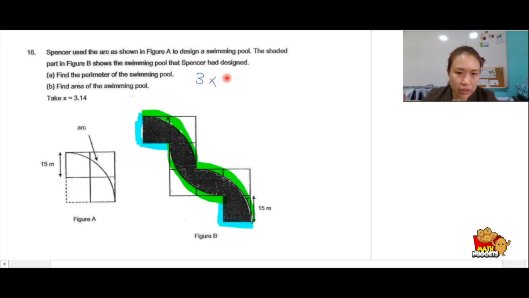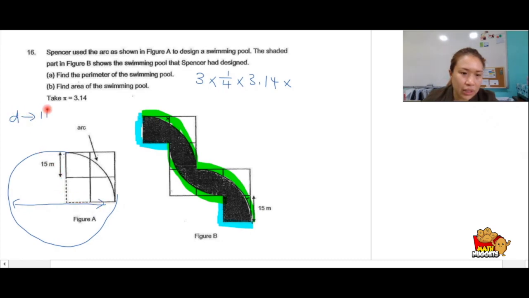We have 3 quarter curves times pi times diameter. The diameter in this case is here. So diameter is actually 15 times 4, which is 60 meters.